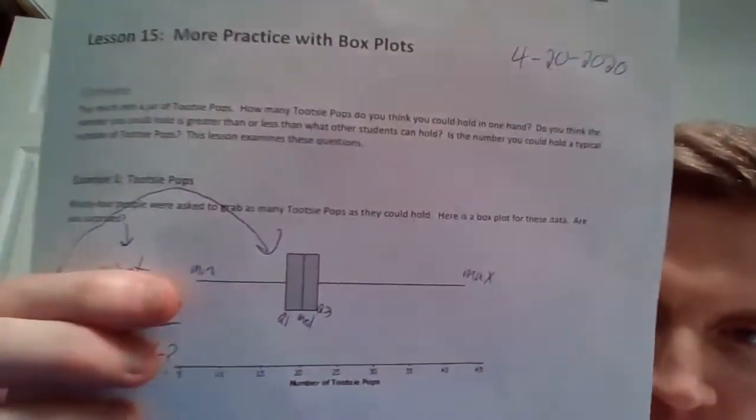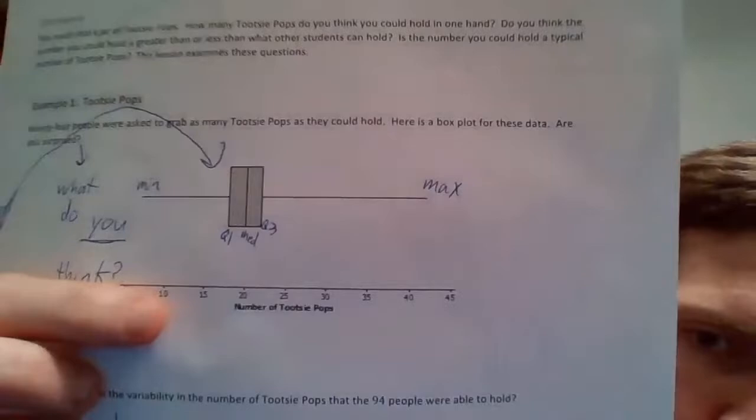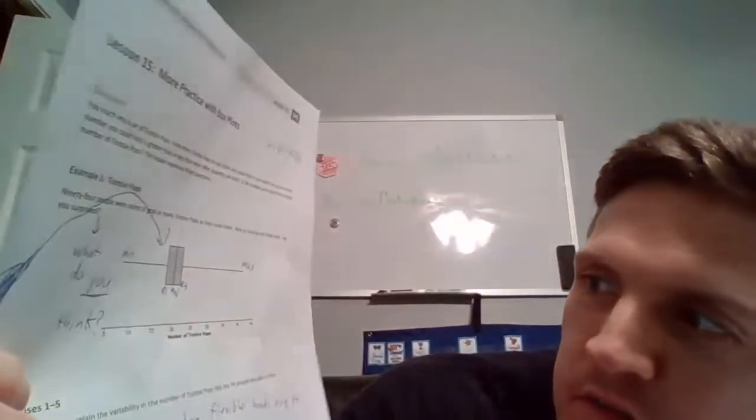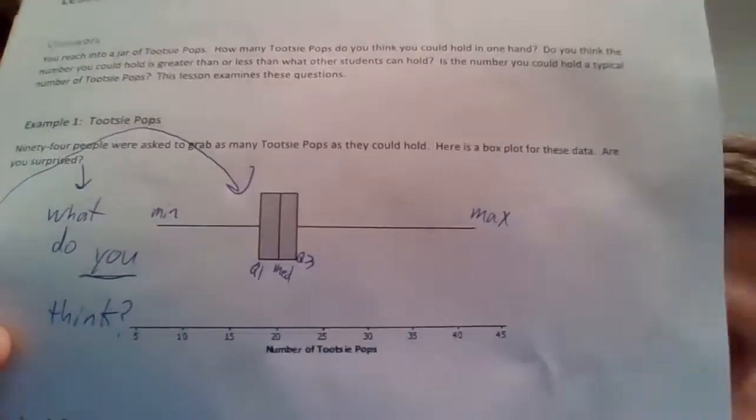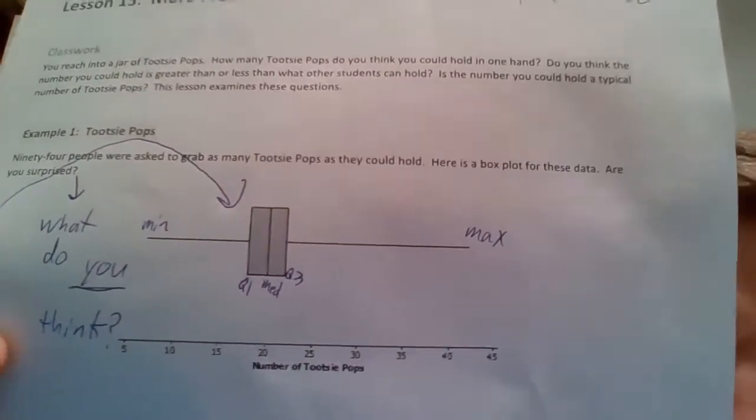First one says, what might explain the variability in the number of Tootsie Pops the 94 people were able to hold? Well, again, if you look at that box plot, based on the numbers down below, they list it from 5 to 45, and it just about covers that range.